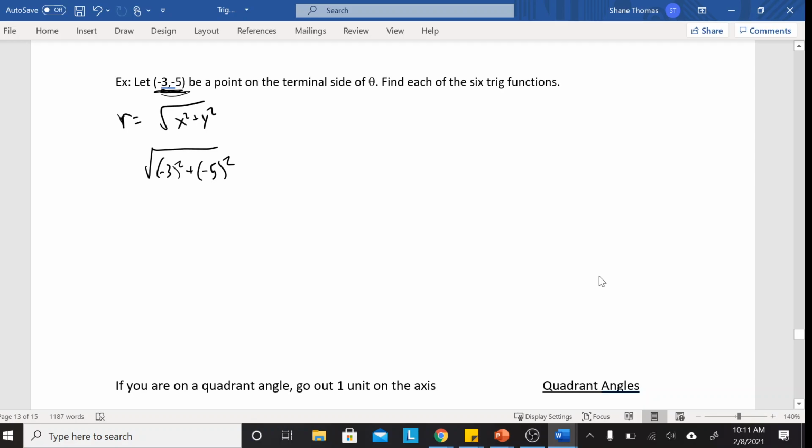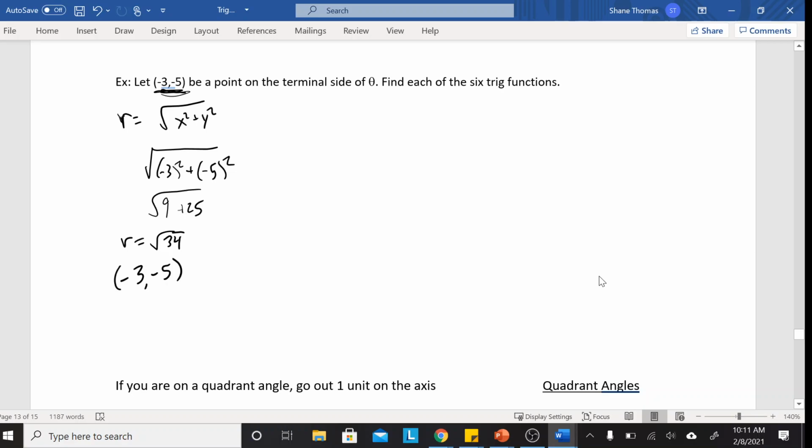Okay, so I'm looking at 9 plus 25, which is going to be the square root of 34. I don't think that breaks down at all. It's going to be 17 and 2, so no, we'll just leave that as the square root of 34. So now this is my r value. I have an r value of root 34, and I still have that point of (-3, -5).